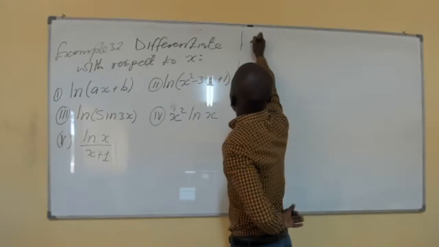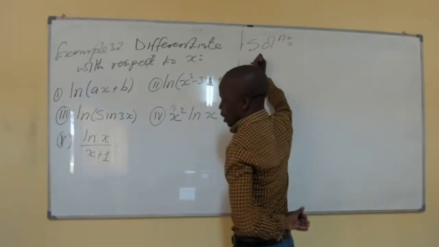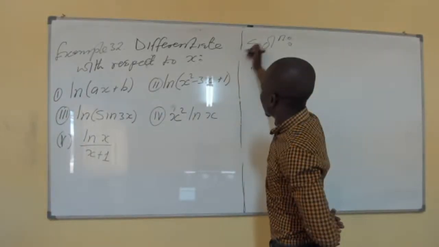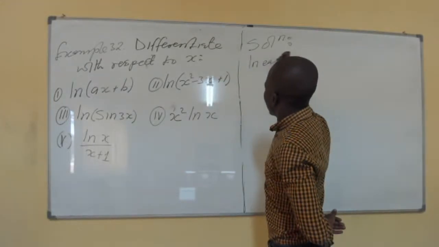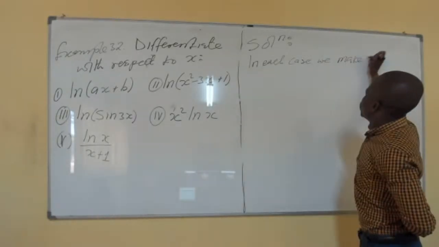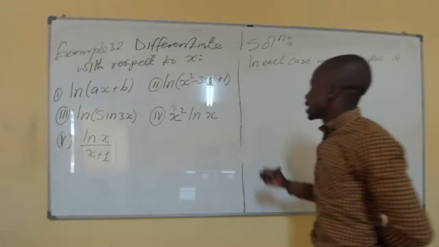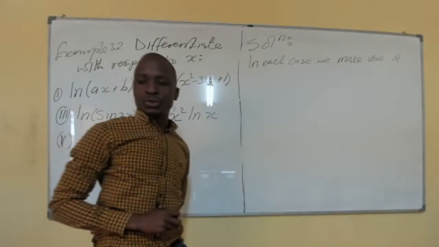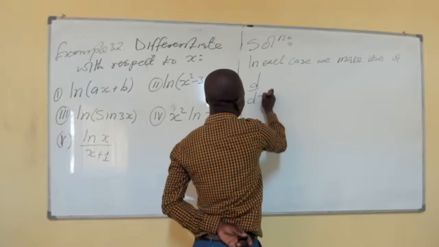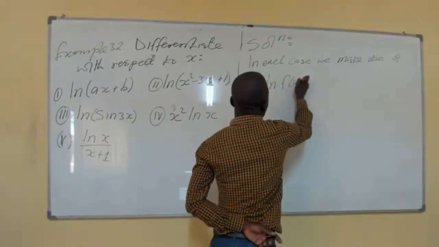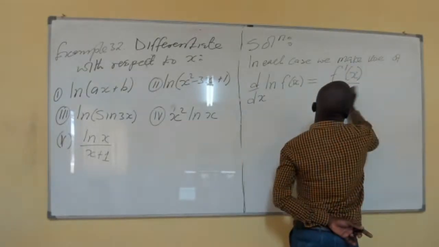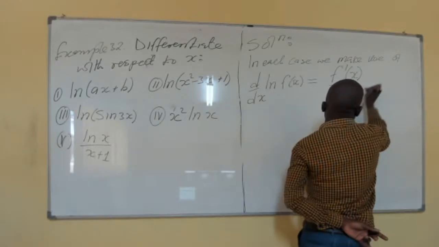Now let's look at the solution. In each case we are going to make use of this formula: the derivative with respect to x of ln of f of x is equal to the derivative of f of x divided by f of x.